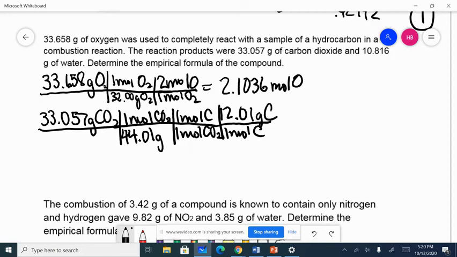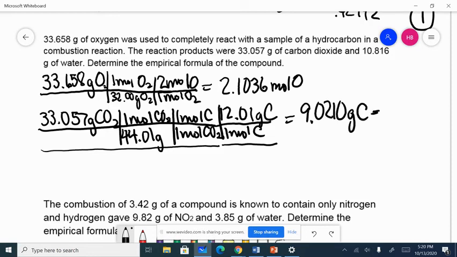So here's what I'm going to do with this. I'm going to figure out how many moles by stopping here. And then I'm going to continue on and get the grams by continuing on a little further. So this is going to be 9.0210 grams of carbon, or 0.75112 moles of carbon.